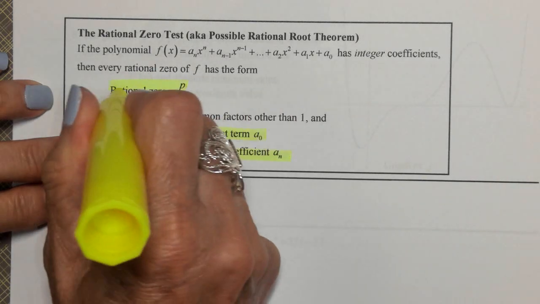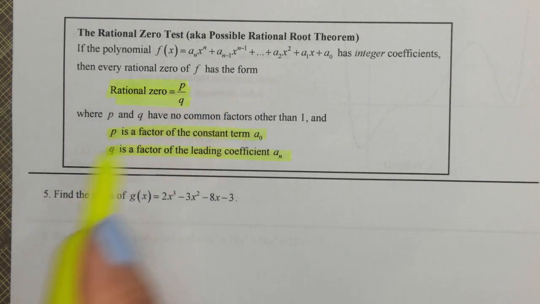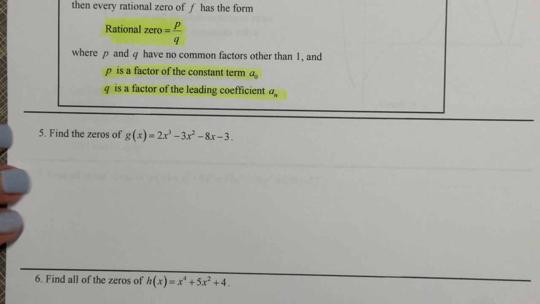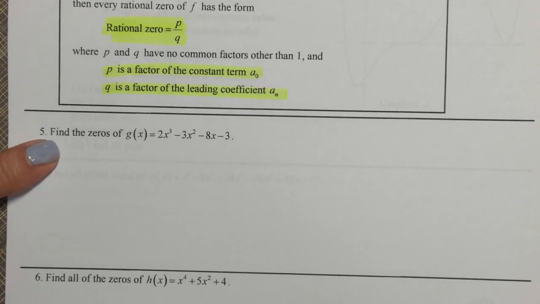Okay? Those are the only possible rational zeros. It tells us nothing about imaginary zeros. It tells us nothing about irrational zeros. Only the rational zeros.